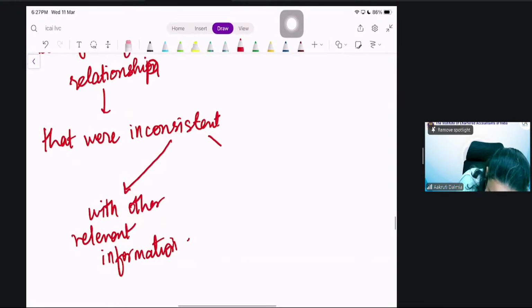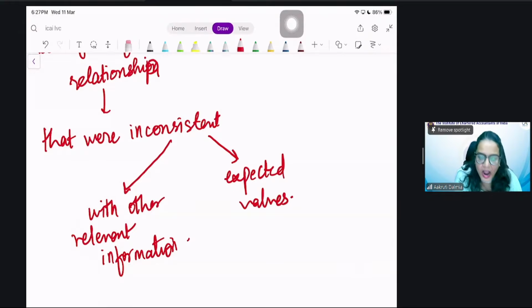But I have created my own expected values. Let's say I have a good knowledge of everyone who is paying rent in Racecourse Road due to my own past experiences. And then I have created an expectation that the rent in this area should not be more than 20,000 rupees. So if we don't have enough information, can we have expectations of information?